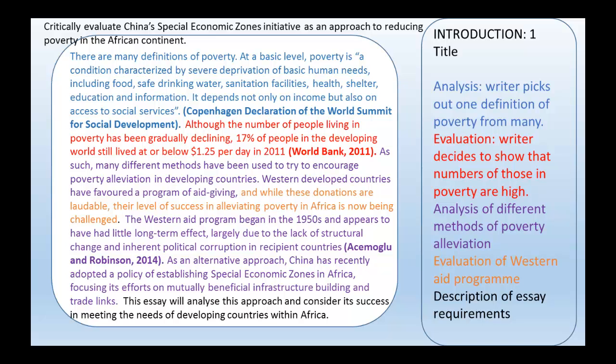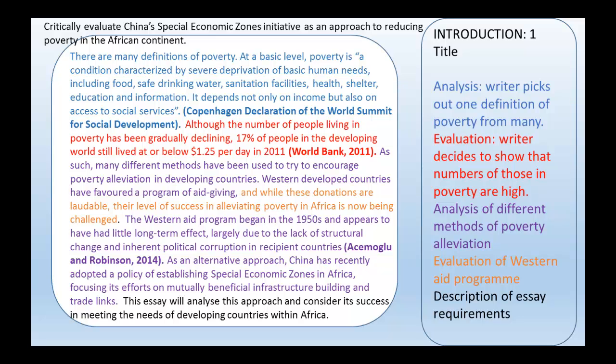You can see from looking at this introduction that we've got analysis by picking out one definition from many, that is analysis. We've got evaluation, for example, when the writer gives his opinion of the Western Aid programme. While these donations are laudable, their level of success is being challenged. That's the writer's evaluation of what he's read about these Western Aid programmes. So that whole of the introduction is full of analysis and evaluation.